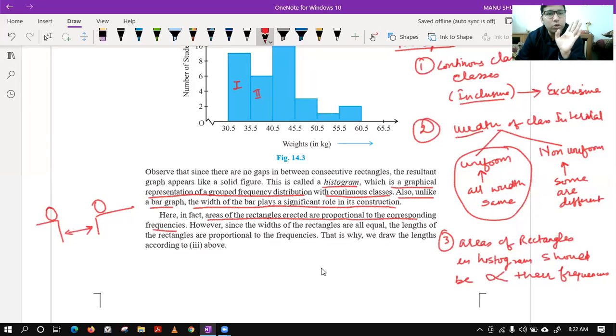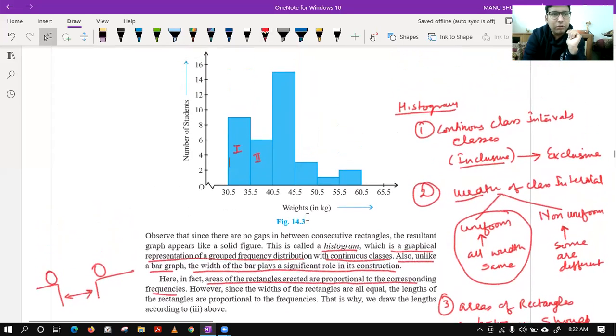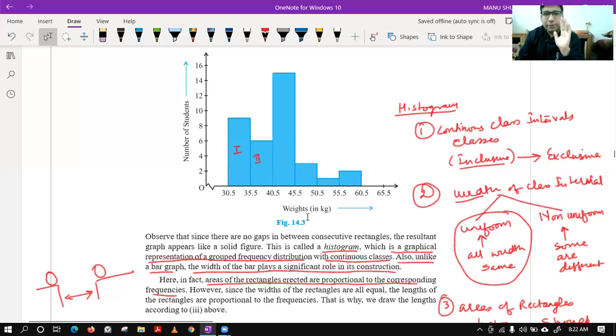Don't say that, not equal, but proportional. Yes, if frequency changes, width will change. Okay, that way you are saying. Utkarsh, that is not correct. Okay, it will be correct. Don't worry. Just see one thing. What it means.